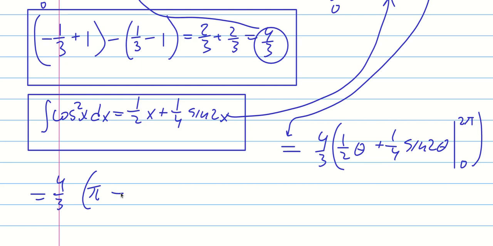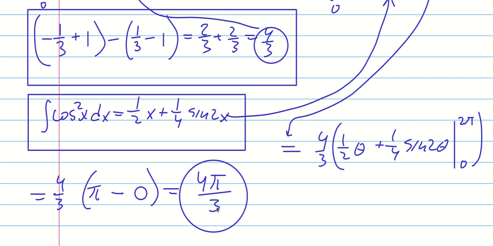So it should be plus. This would be 0, and this would be 0 if I plug in 0, because sine of 0 is 0. So that means minus 0. So our answer is 4 pi over 3, and that gives us this surface integral.